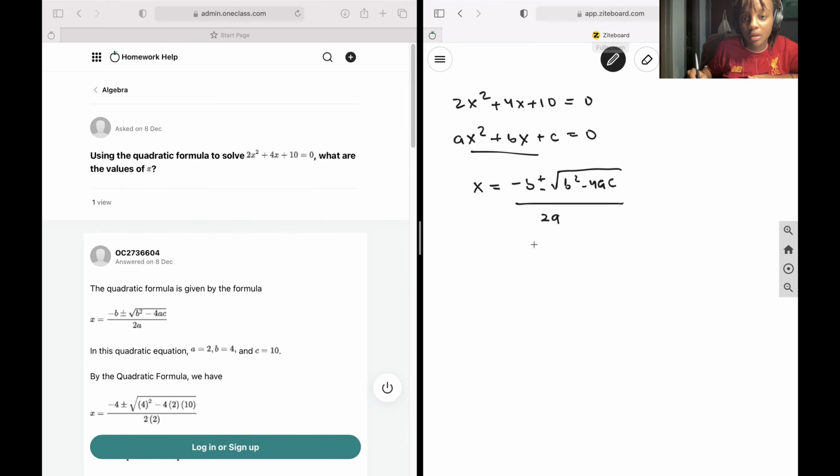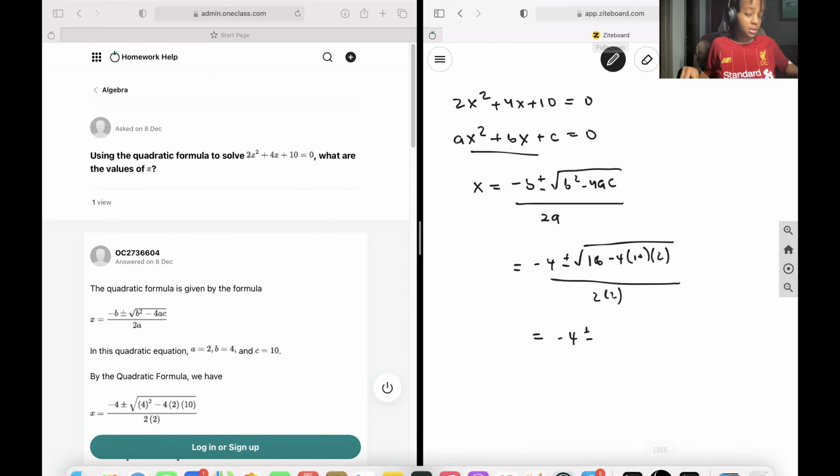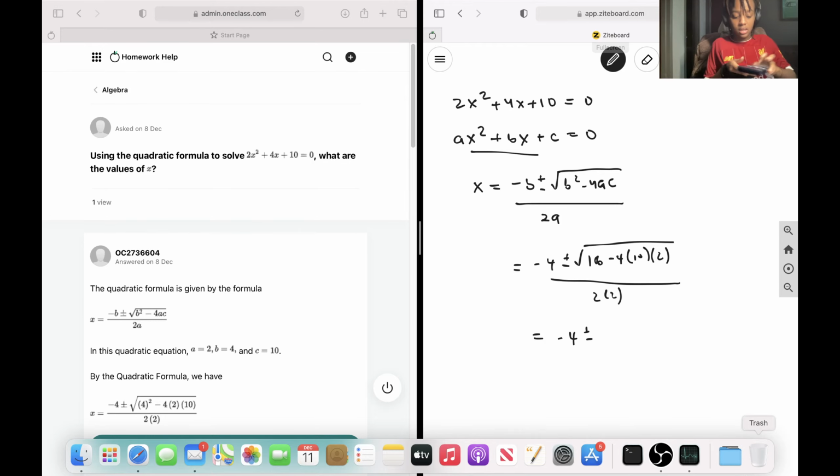And now we just put in our values. So we know b is equal to 4, so negative 4 plus or minus the square root of b squared, that is going to give us 16, minus 4 times 10 times 2, all over 2 times 2. So negative 4 plus or minus the square root of 16 minus 80.